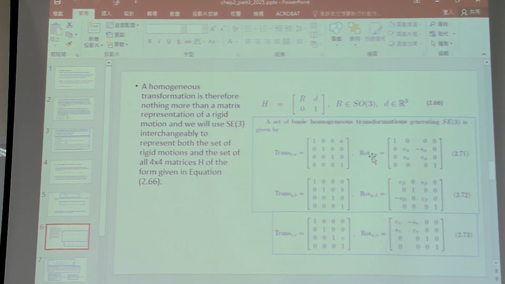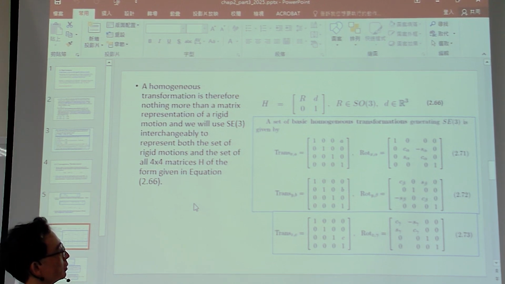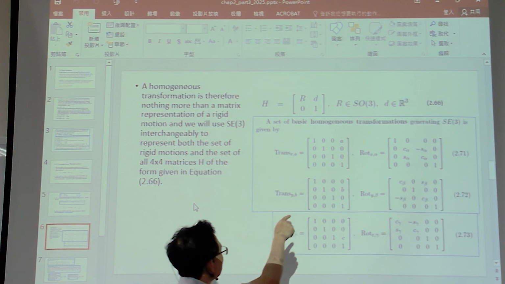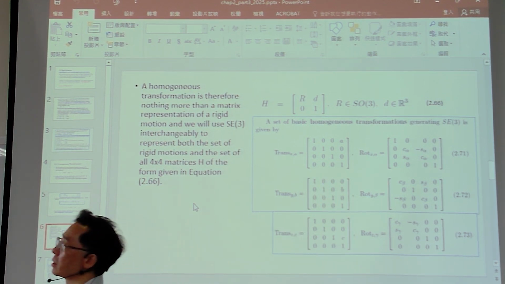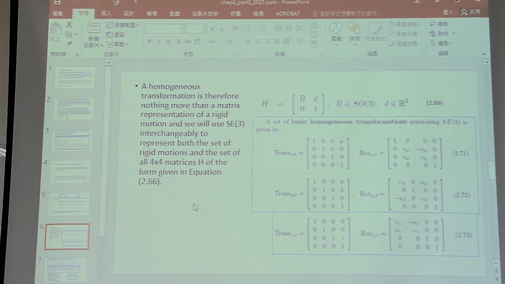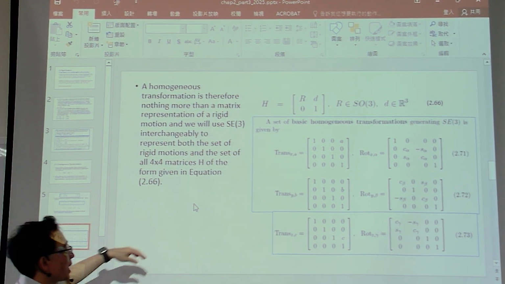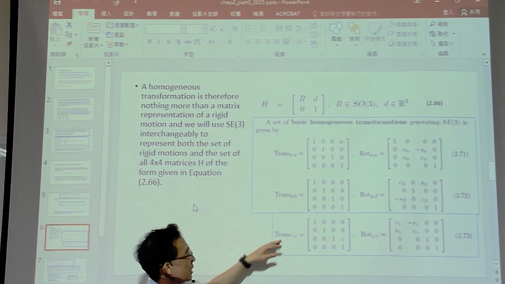When you do the translation in X, you align the rotation matrix to 1, 1, 1, but you put your x-coordinate over there. Then you finish the translation matrix for the x-axis. The same with the y-axis and z-axis.